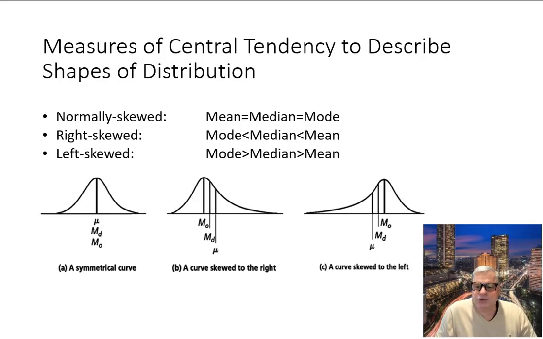But anyhow, if you start with a normal distribution, and suddenly something enters that distribution which has a very, very low value, that may pull down the mean below the median. So whenever the mean is less than the median, the distribution is skewed to the left.